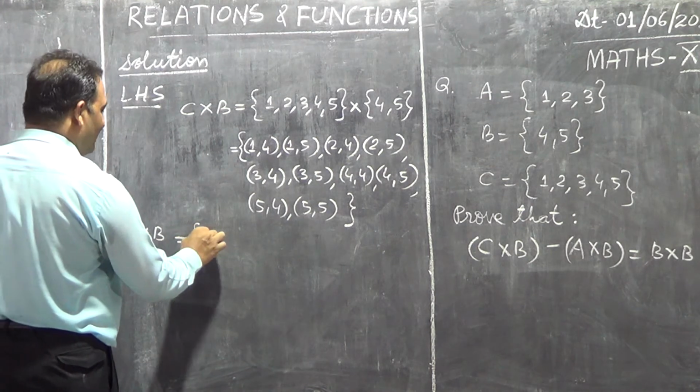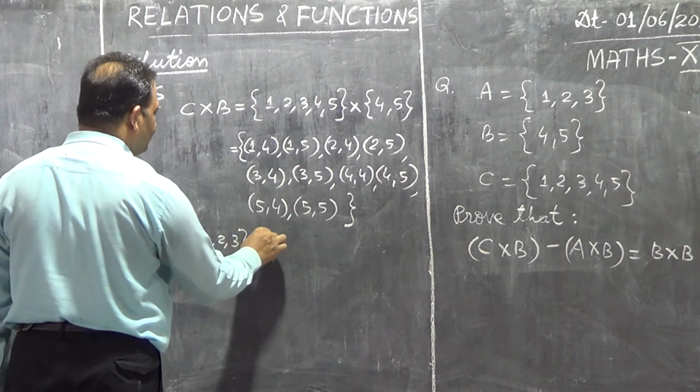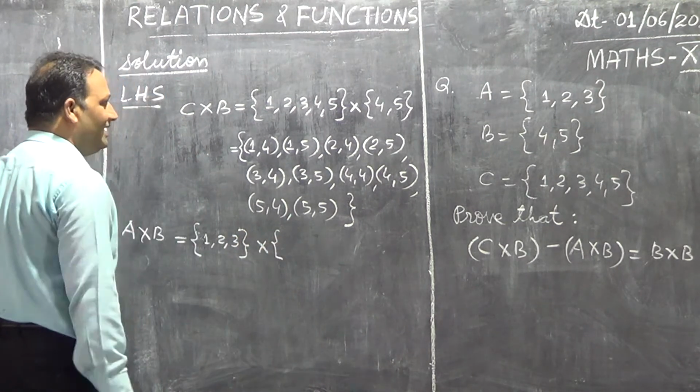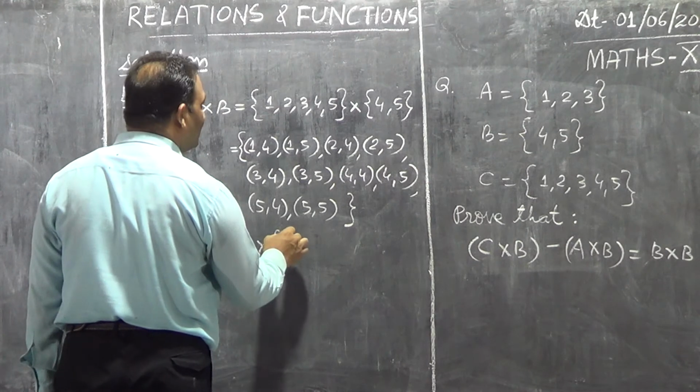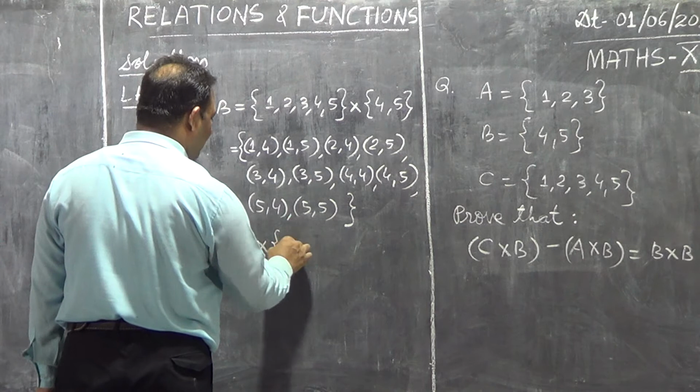A has 3 elements 1, 2, 3, and B has 2 elements, that is 4 and 5.